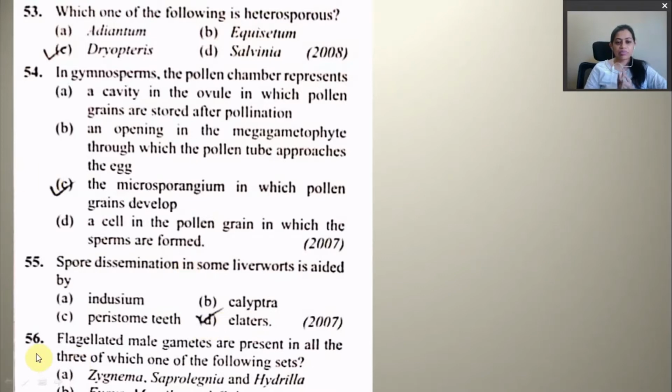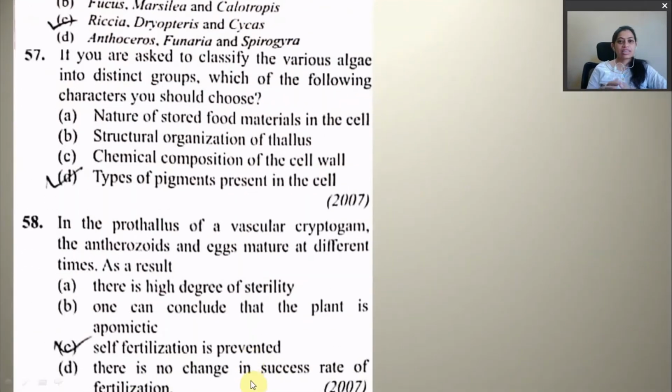Now flagellated male gametes are present in all the three of which of the following sets. Okay, flagellated male gametes. Now Zygnema, Saprolegnia and Hydrilla. Okay, next is Fucus, Marsilea and Calophyllum.